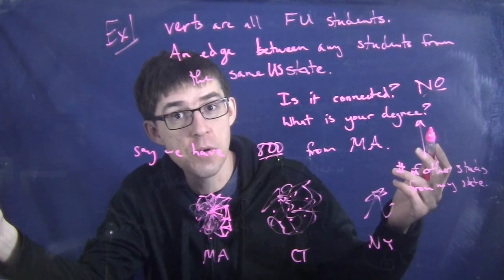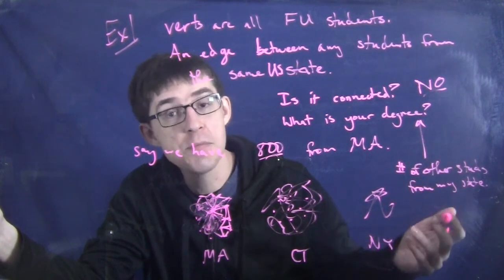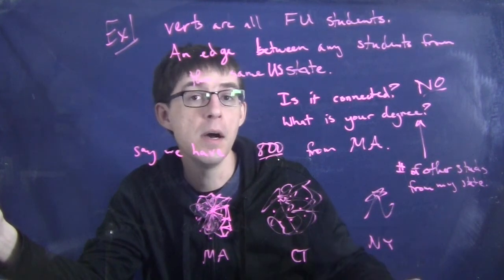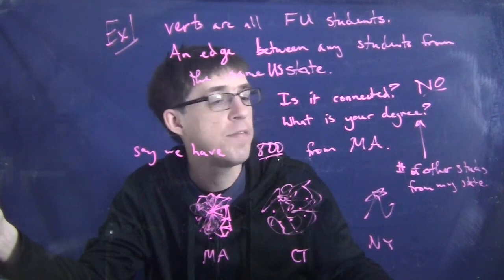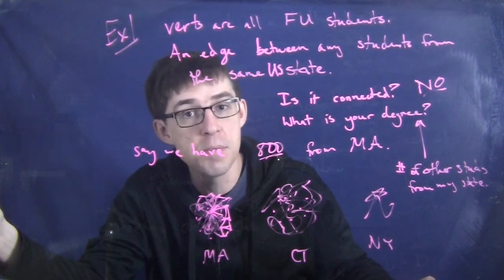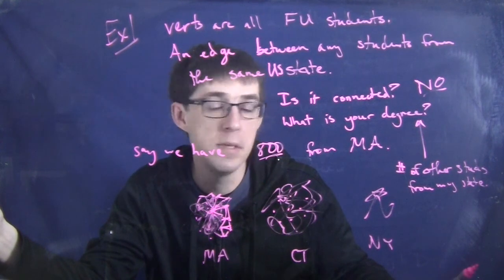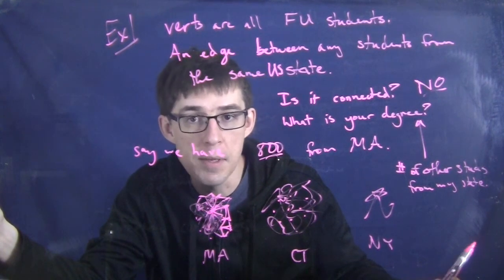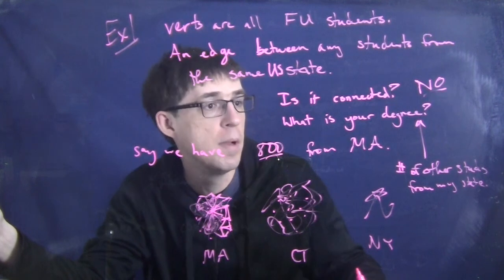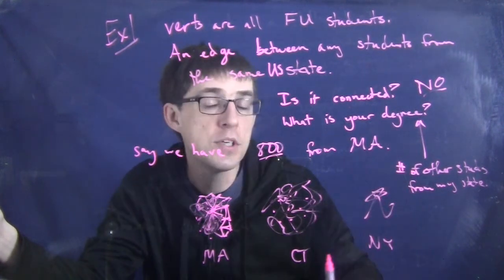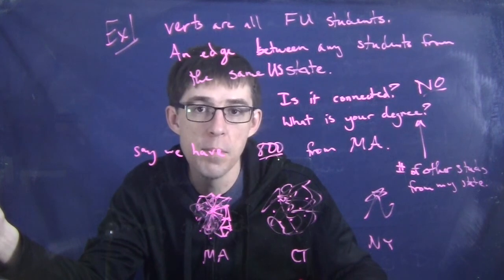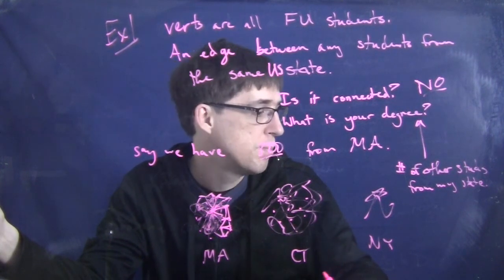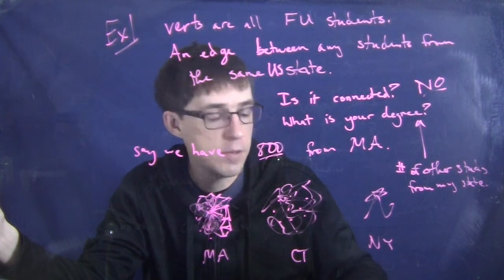If you're from Massachusetts or Connecticut or New York, your degree is probably fairly high, in the hundreds, just because at Fairfield University there are so many people from those states. But if you're from Alabama, your degree is probably much smaller, maybe 10, maybe less than 10. I don't know how many students at Fairfield are from Alabama. Your degree is just the number of other students who come from your state and go to our beloved Fairfield University.